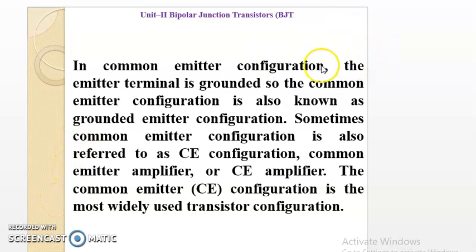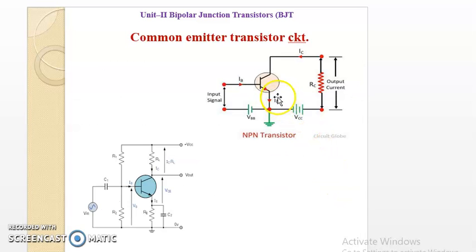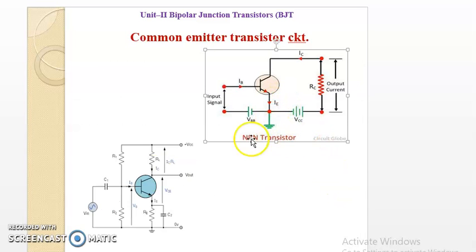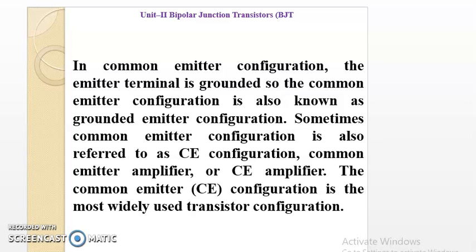In common emitter configuration, the emitter terminal is grounded. I have shown you in the figure. Here the emitter terminal is grounded. Emitter is grounded in the sense that emitter is made common to both input as well as output. So common emitter configuration is also known as grounded emitter configuration.